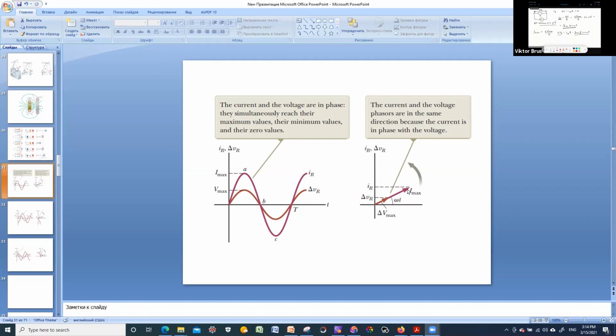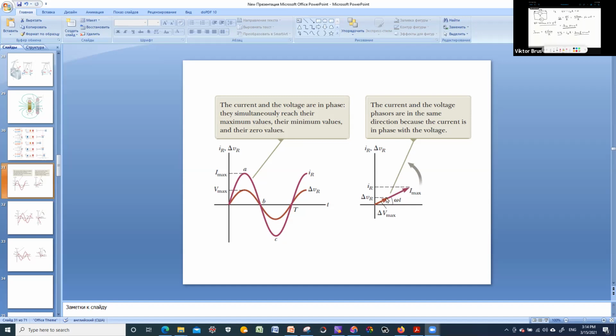There is a phasor for current, a phasor for voltage, and they rotate counterclockwise with the frequency of the alternating current, with angular frequency omega, and the projection on the vertical axis gives us at any time the instantaneous values of these parameters. So we see what is important, that they have the same phase.